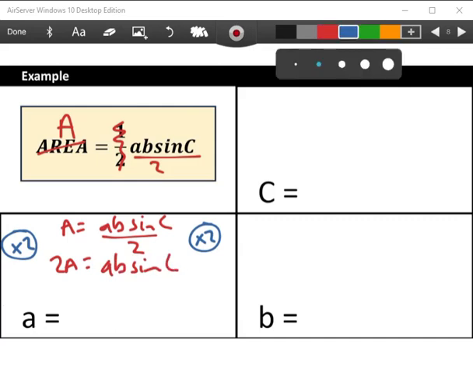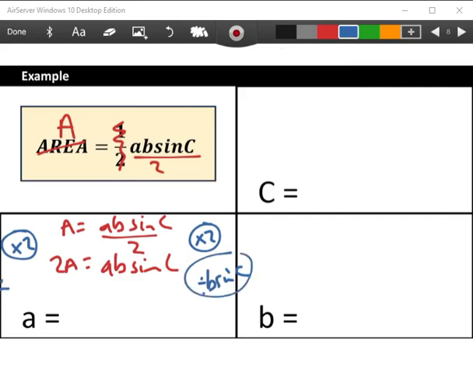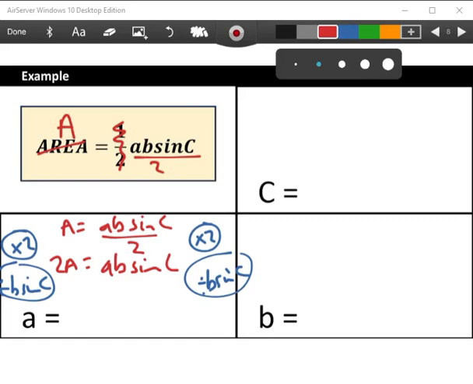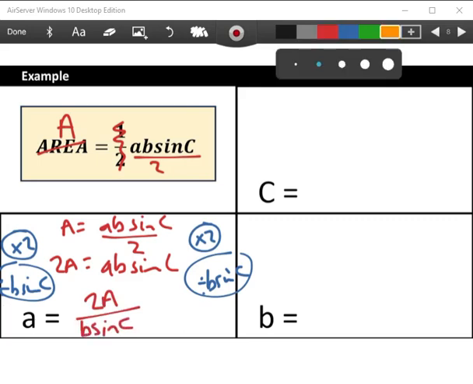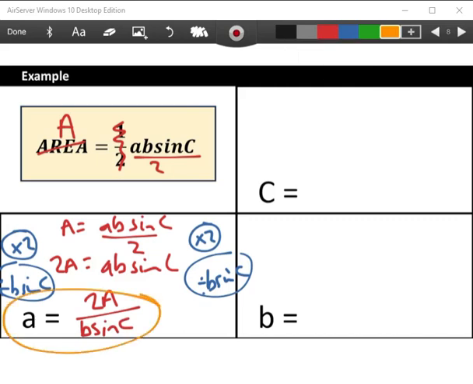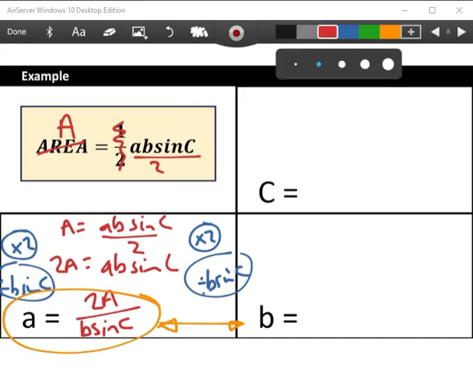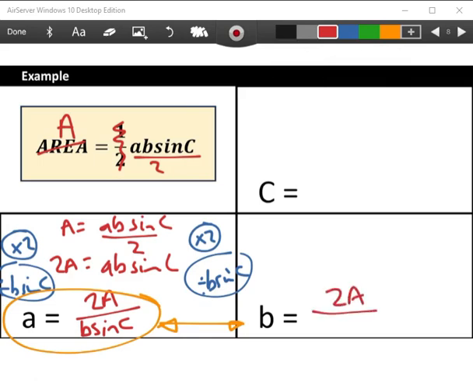Now I want to be left with a, so I'm going to divide by b. That leaves me with 2A over b. What we can do, hang on a minute, a and b next to each other, we know that b must be 2A over a.